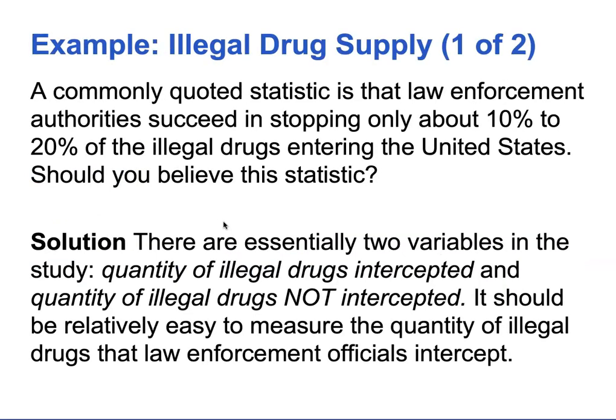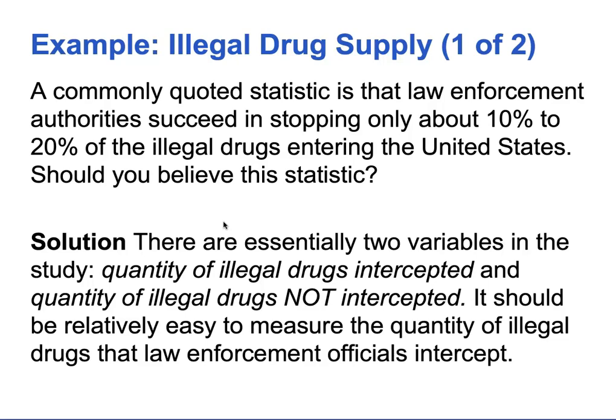Let's do an example. Illegal drug supply. A commonly quoted statistic is that law enforcement authorities succeed in stopping only about 10% to 20% of illegal drugs entering the United States. Should you believe this? Well, there are essentially 2 variables in the study: the quantity of illegal drugs intercepted and the quantity of illegal drugs not intercepted.